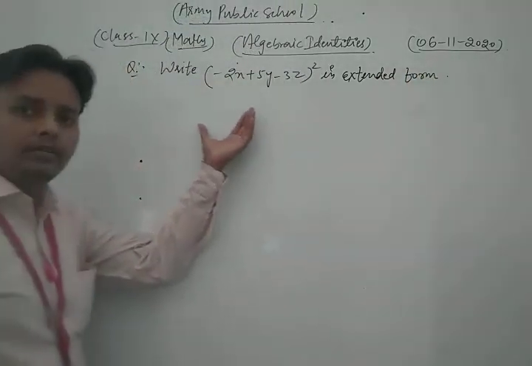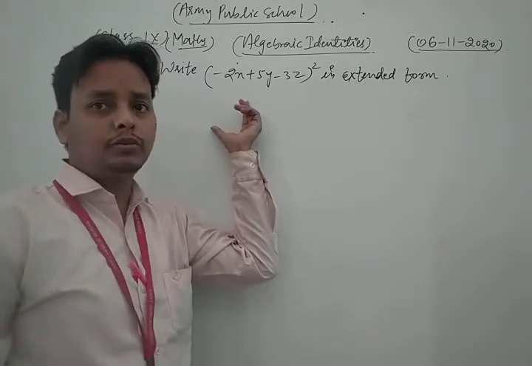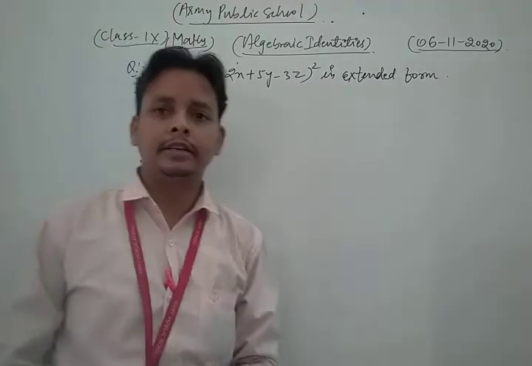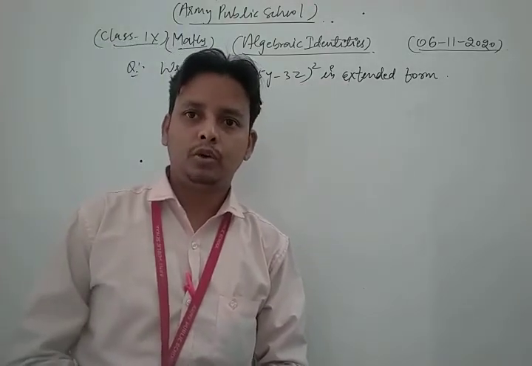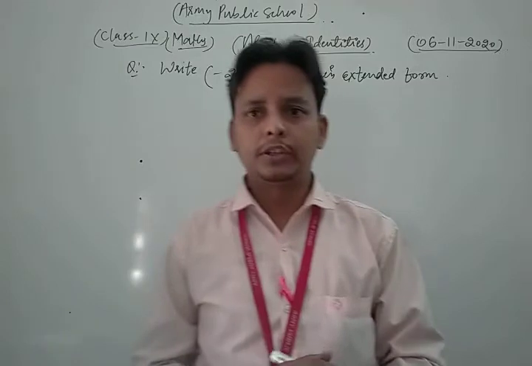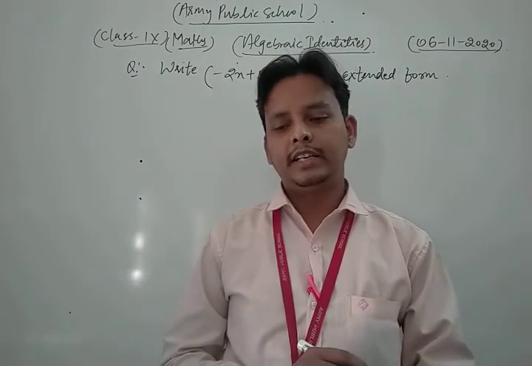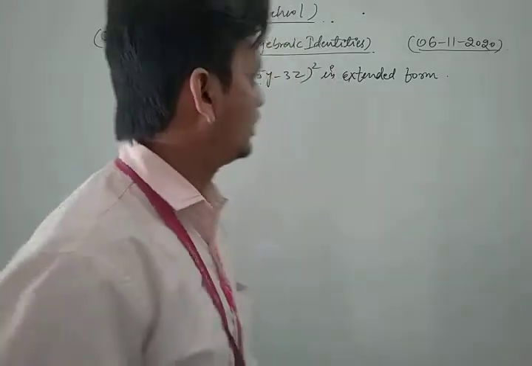Look here: (minus 2x plus 5y minus 3z) whole square in expanded form. This is one of the most important questions of your NCERT exercise based on identities. So let's see its solution, dear students.